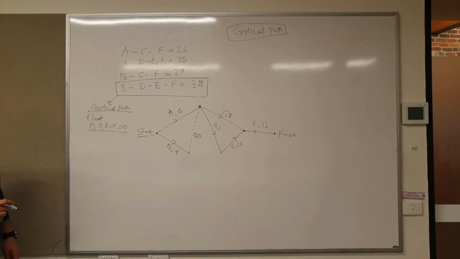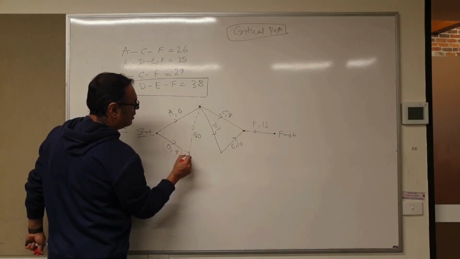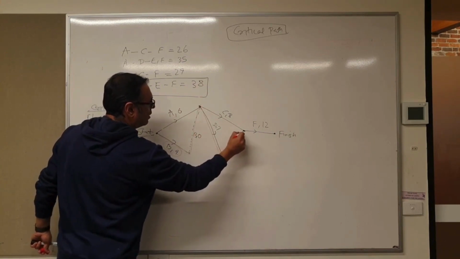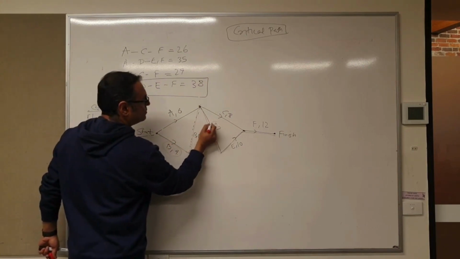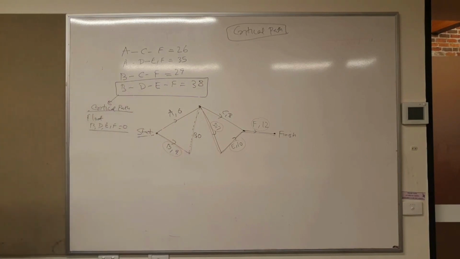Now, so if I take a different color, that's your critical path. Right?